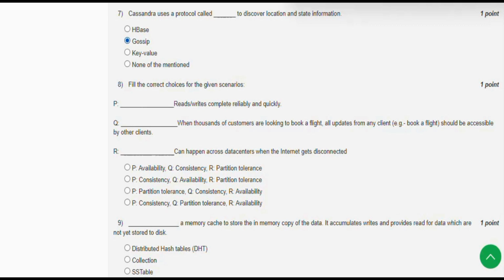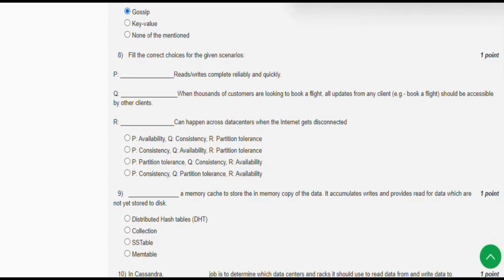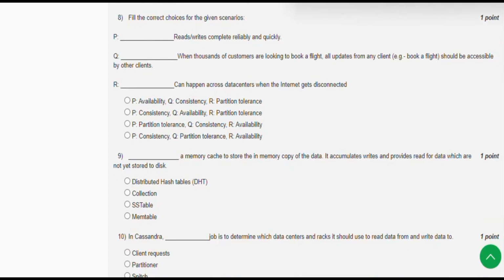Now moving to question number 8, that is also fill in the blanks. Fill in the correct choice for the given scenarios. P dash reads writes complete reliably and quickly. Dash when thousands of customers are looking to book a flight, all updates from any client that is book a flight should be accessible by other clients.